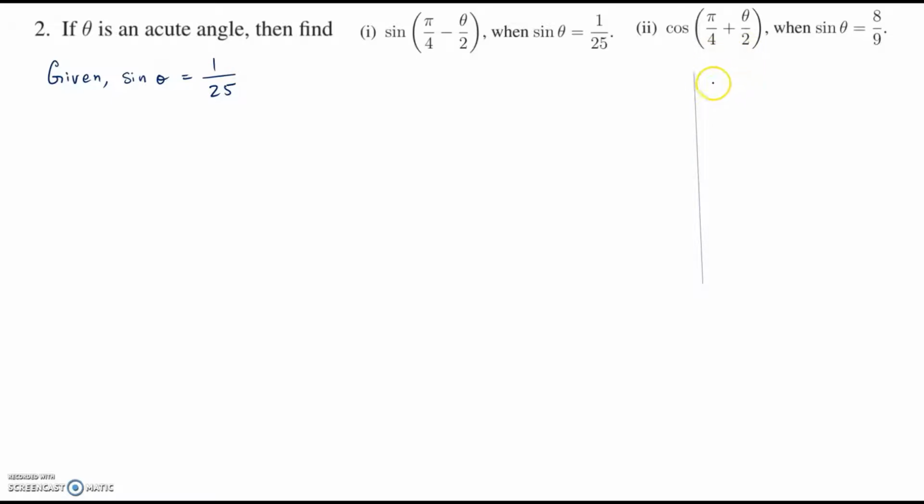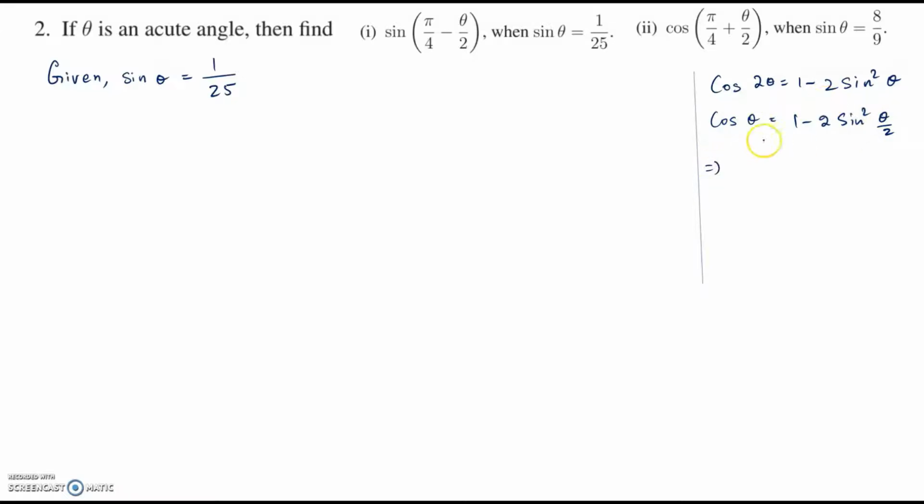formula that we'll be using here is cos 2 theta is equal to 1 minus 2 sine squared theta. So this can be also written as cos theta is equal to 1 minus 2 sine squared theta by 2. I'm taking, instead of 2 theta, theta. So automatically this theta will become theta by 2.